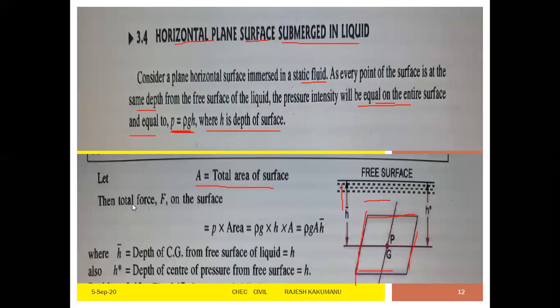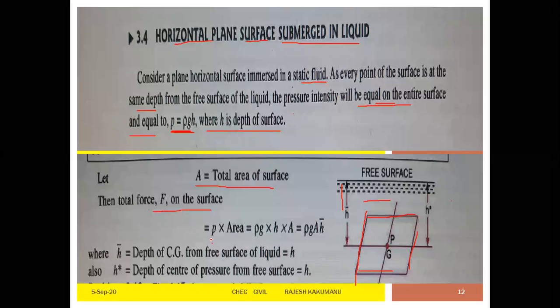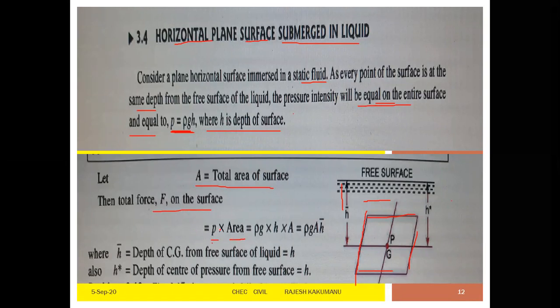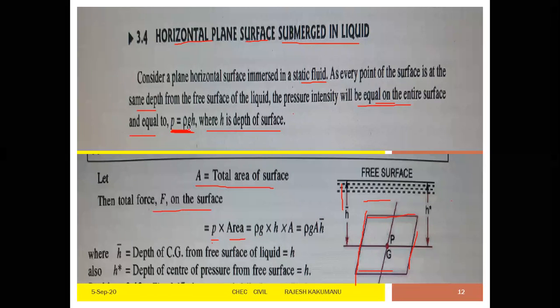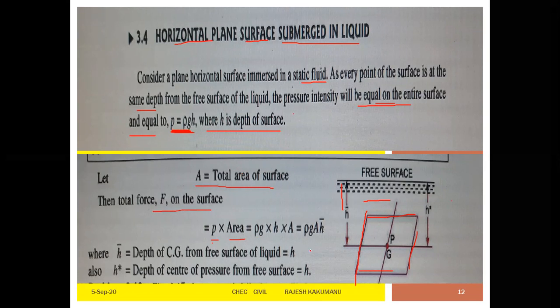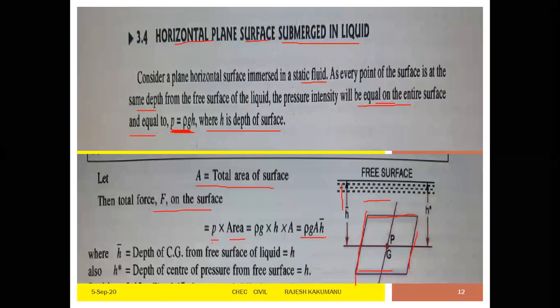Now take the total force. F on the surface is P into area. What is P here? P is equal to rho into g into h. So F is equal to rho into g into h into A. Totally we are calculating F equals rho into g into A into h bar. So the same formula we discussed in the vertical problems also applies now. H dash is the depth of CG from the free surface of the liquid.